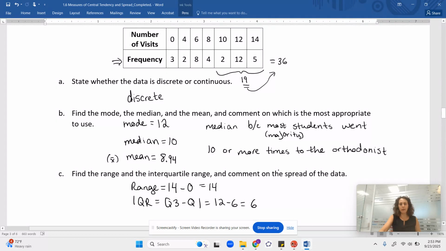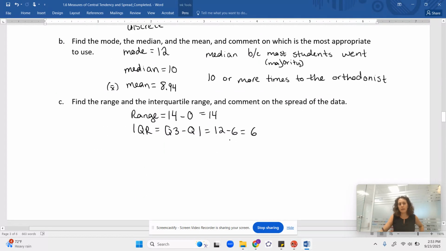And so what does that mean? One way I could interpret this or comment on the spread of the data is I could say that the IQR from 6 to 12, from Q1 to Q3, what percent of data falls from Q1 to Q3? From Q1 to Q3, 50% of your data falls between Q1 and Q3.